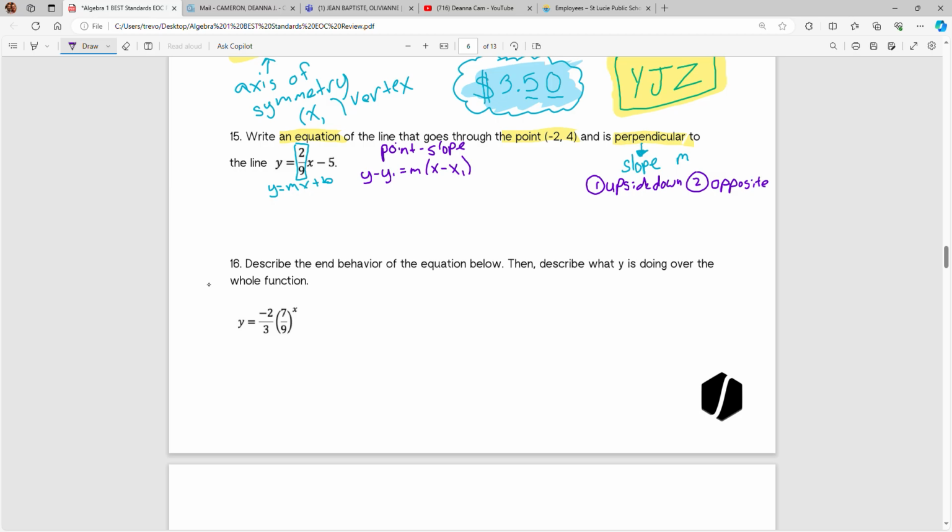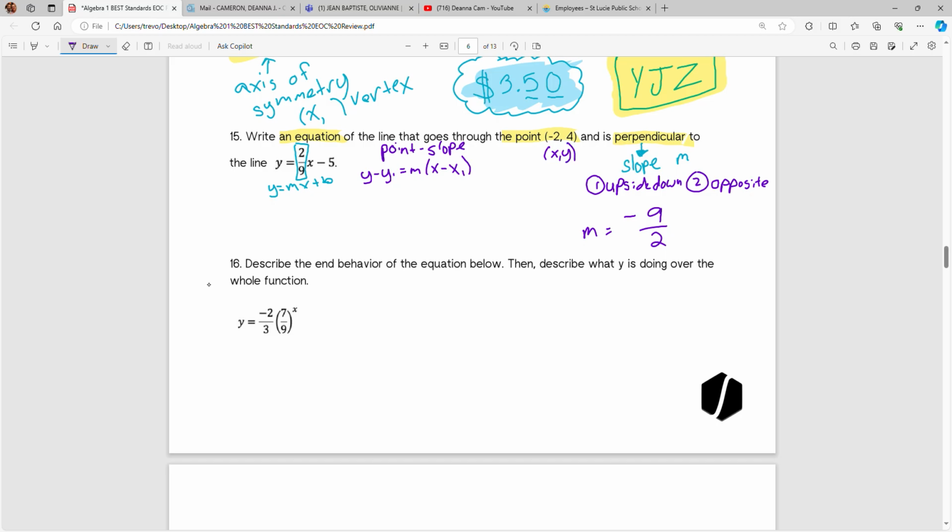So to make it upside down, instead of 2/9, it's going to be 9/2. And instead of being positive, ours is going to be opposite, so it's going to be negative 9/2. So for our line, our slope is right here. And for our line, our point is right here. That's our x, y.